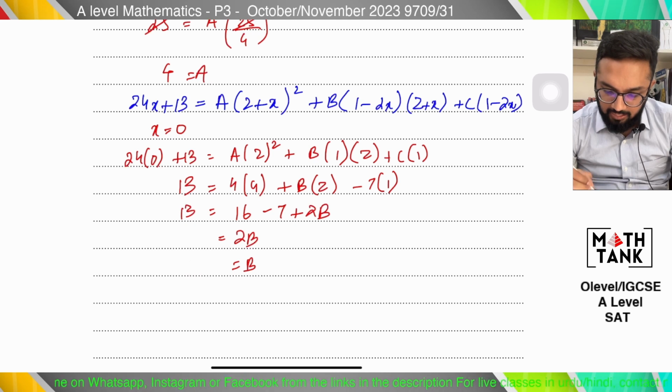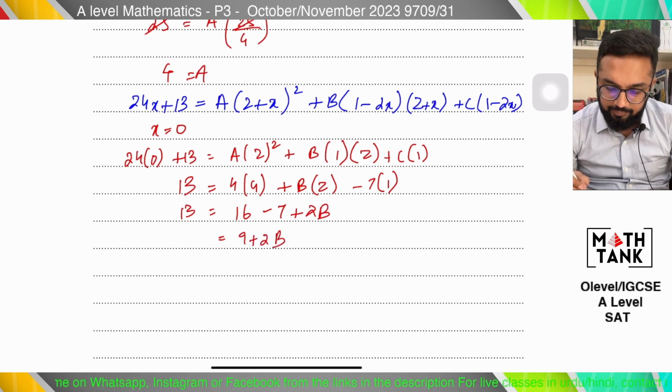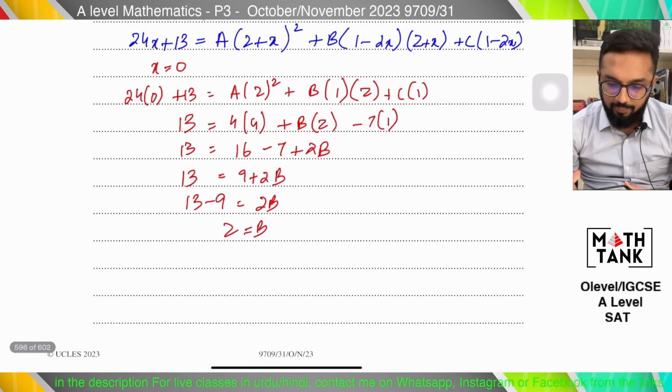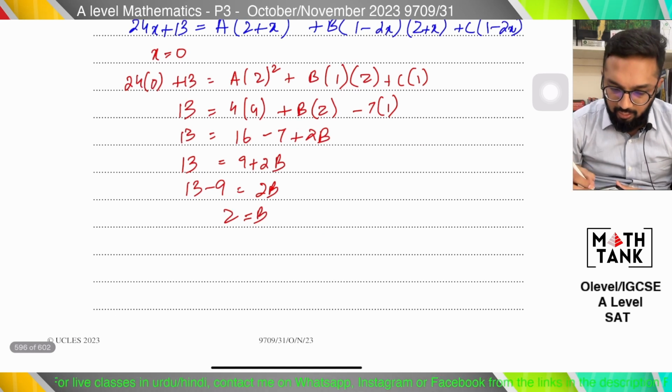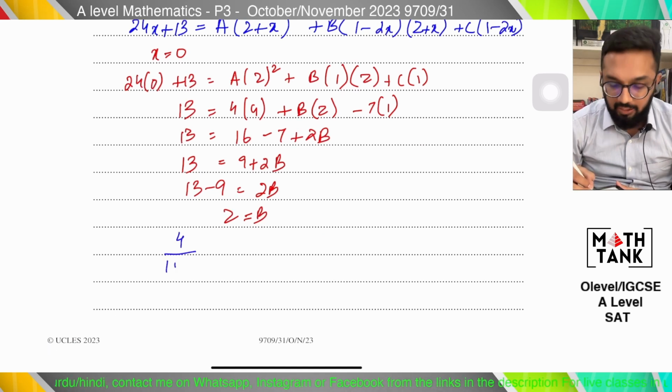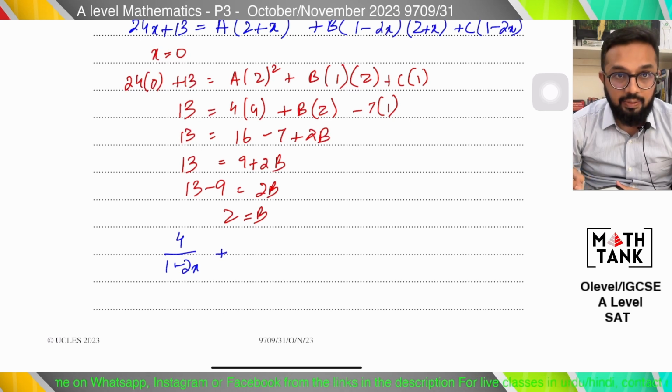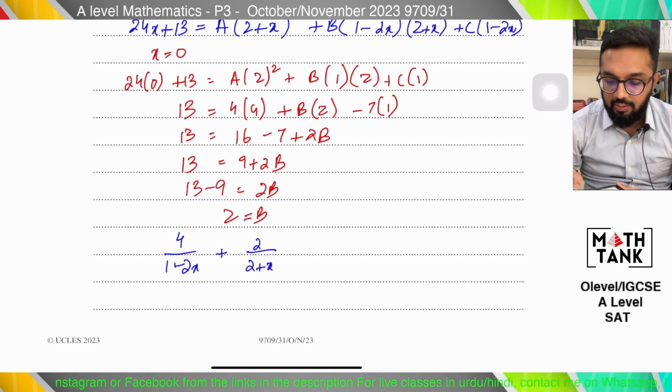So 16 minus 7 is 9, 13 minus 9 is 4, so b is equal to 2 as well. Okay, so the partial fractions are 4 over 1 minus 2x plus 2 over 2 plus x minus 7 over 2 plus x whole squared.